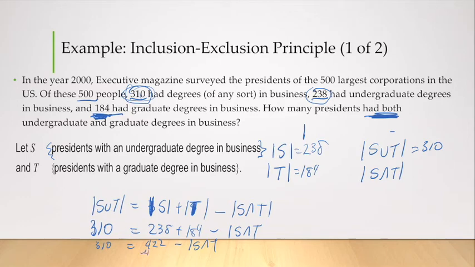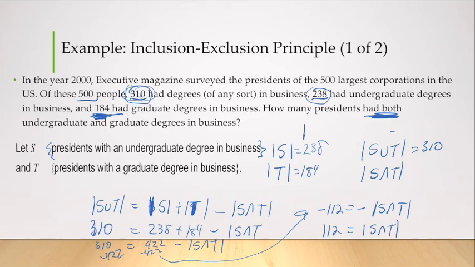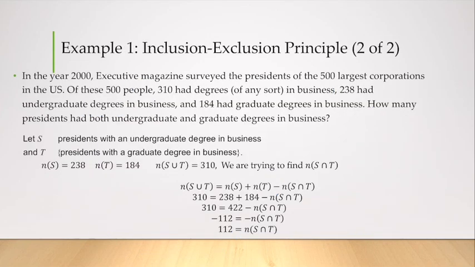And if I subtract 422 from both sides, that's going to give me negative 112. Let's move this up here. Negative 112 equals negative the size of S intersect T. So we divide both sides by negative 1, and I find that 112 is the size of the intersection. So 112 presidents of large corporations have both graduate and undergraduate degrees. Here it is all worked out. We got the correct answer.